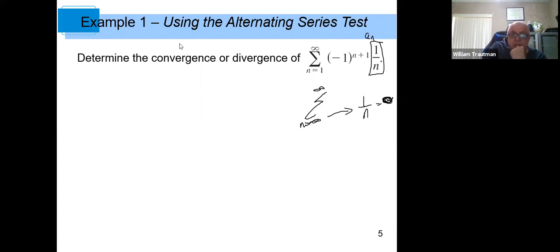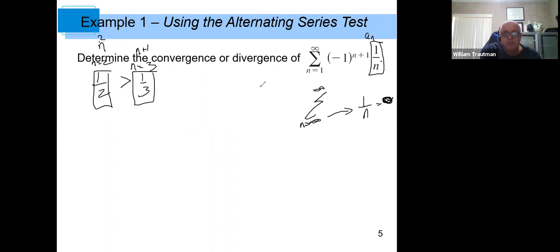Also, you can look at each term. If I do n equals 2, I get 1 over 2. If I do n equals 3, I get 1 over 3. If this is n, and I put a 2 in here and a 3 in here, you can see that the n plus 1 term is smaller than the n term itself. So it is decreasing.